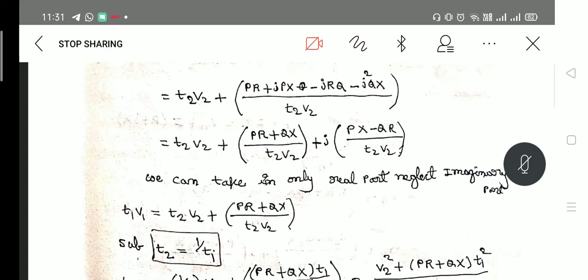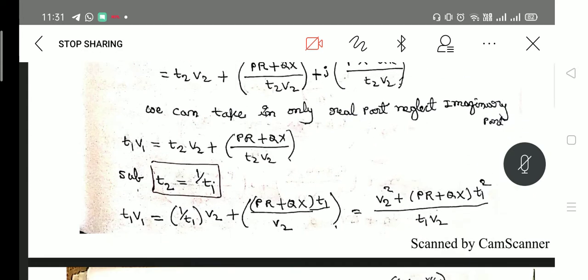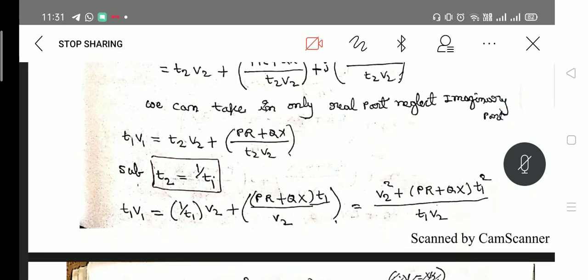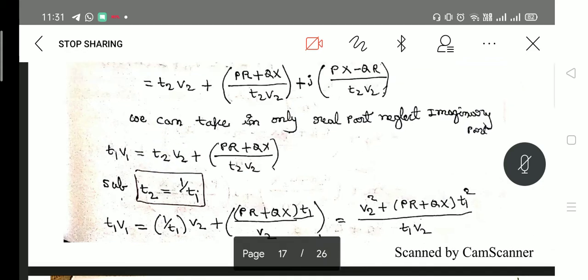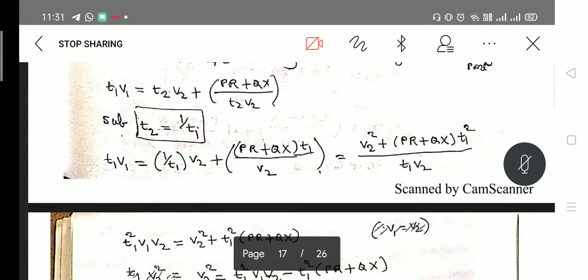Here T1 V1 is equal to T2 V2 plus PR plus QX by T2 V2. Here in place of T2 I am taking 1 by T1.